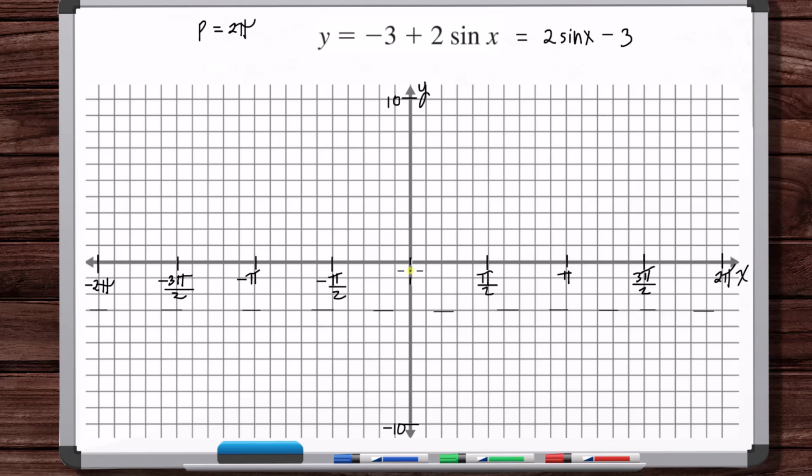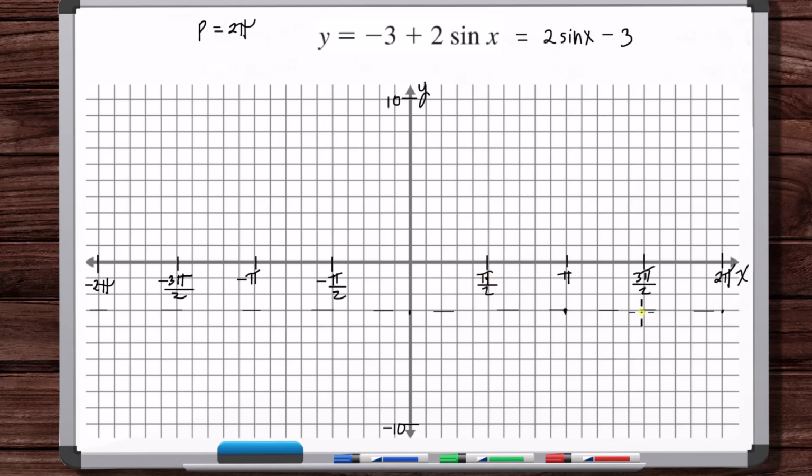So, okay, there's no shifting, so we're going to sketch from 0 to 2 pi. That's the period we're going to sketch, just like we did in the previous video. So, okay, the sine curve starts at 0, so this is the new 0, starts here, and it ends here. Okay, at the halfway point, it goes through that mid-range. At the quarter point, it goes to the positive amplitude, which is here.